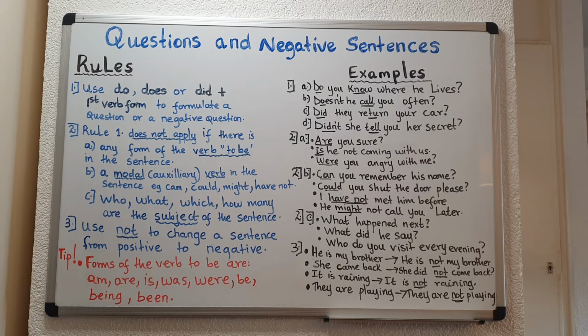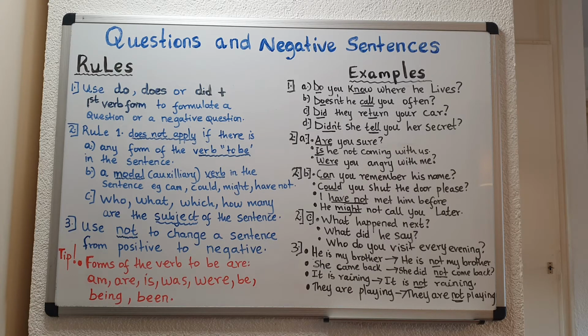But remember, between do, for example, and know in example 1a, we have the personal pronoun you. Okay? So do not forget that, because you can't say, do you know where he lives? No. Do they know where he lives? So use the correct personal pronoun.